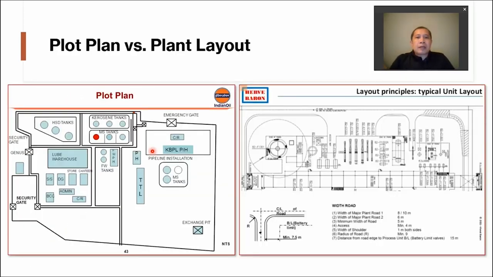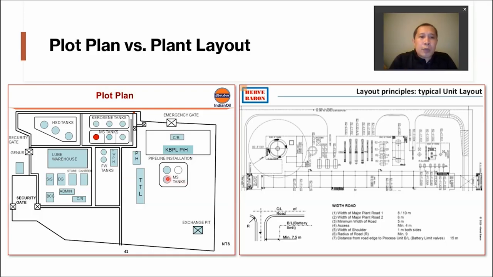All right, and this is just a quick example of the difference between plot plan and plant layout. A plot plan gives you a rough idea of the area designation of your entire plant or entire facility, including inside battery limits and outside battery limits, which we also call offsite facilities. So not only do we have the main process area, but you can also see here we have auxiliary buildings, warehouses, an administrative building, control rooms, and things like that.